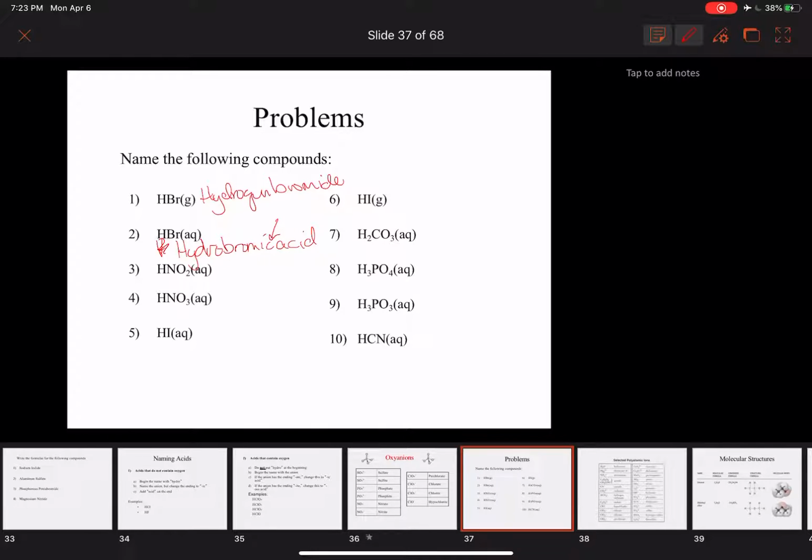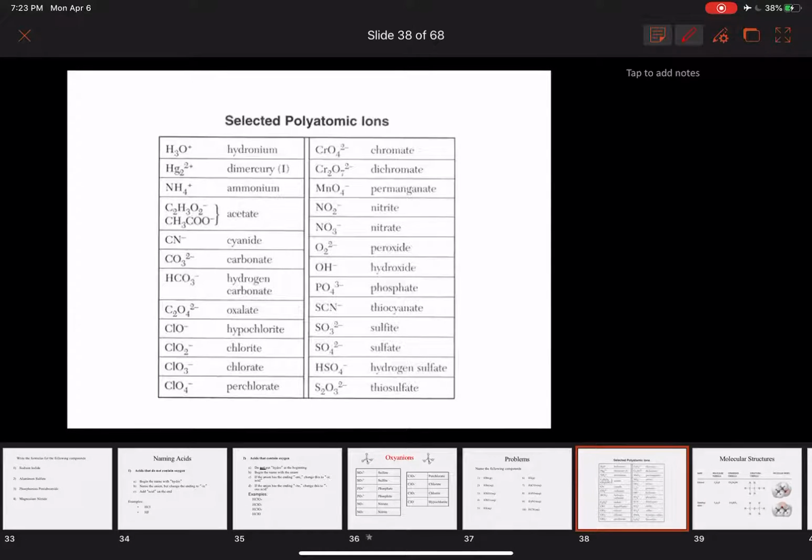Now, number 3, we've got HNO2. That looks like an acid. In parentheses is AQ, so we're going to go with acid naming here. And it has oxygens in it. So if it has oxygens, we know that we're not going to start with hydro. We're just going to find the anion there and change its name to having an acid on the end. So we have to identify which polyatomic ion that is. And if we look on our polyatomic ion sheet, we can see that NO2 is nitrite.